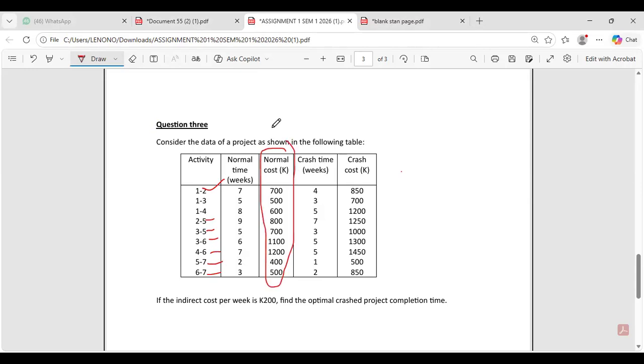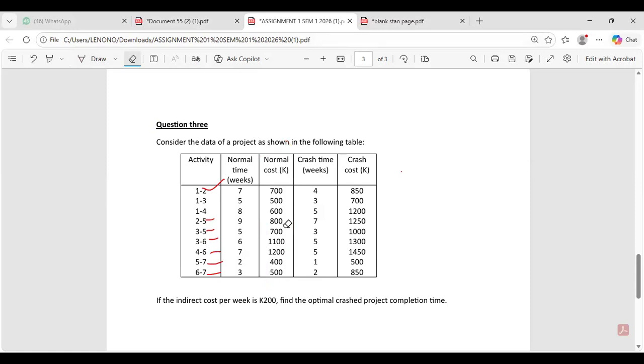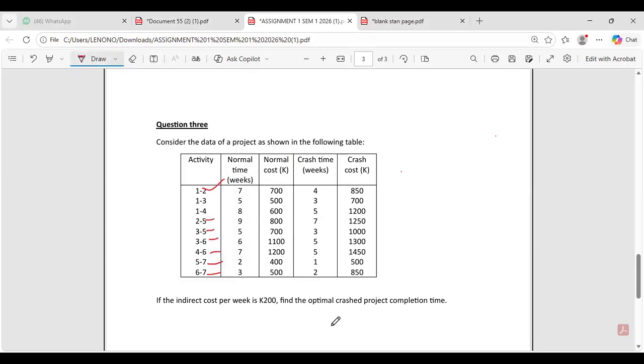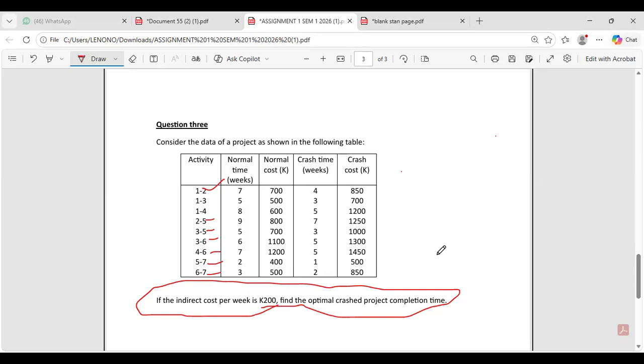The crash cost is the cost involved in reducing the project time. The indirect cost per week is actually 200. So find the optimal crashed project completion time.